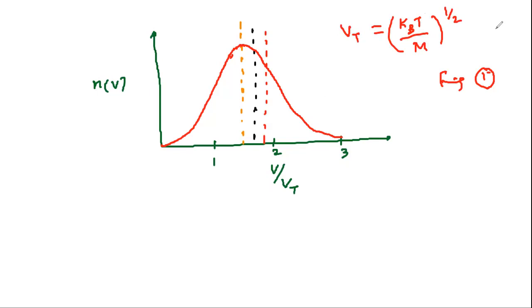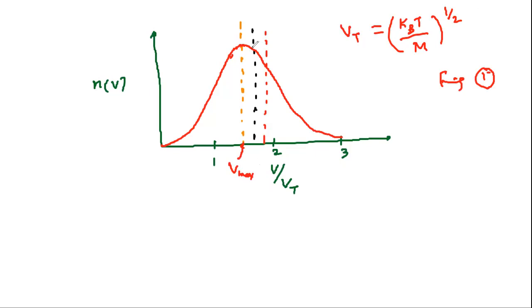Now, there are 3 different but representative speeds which we will indicate in the figure first. One speed is called V max.